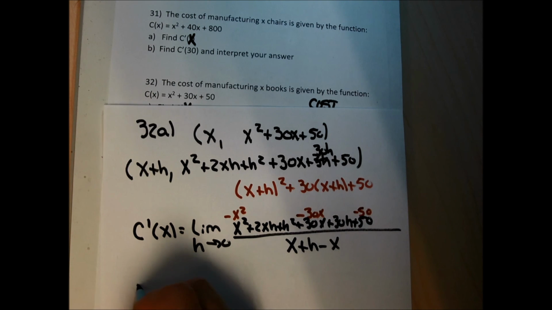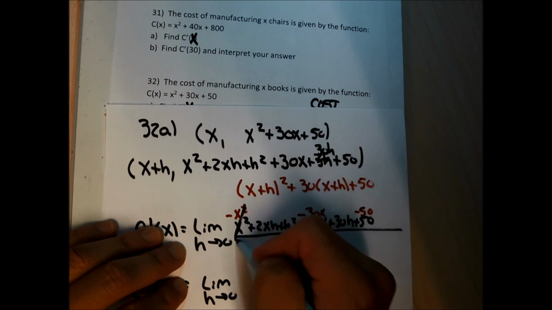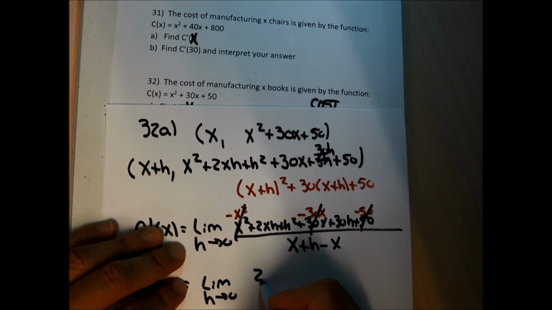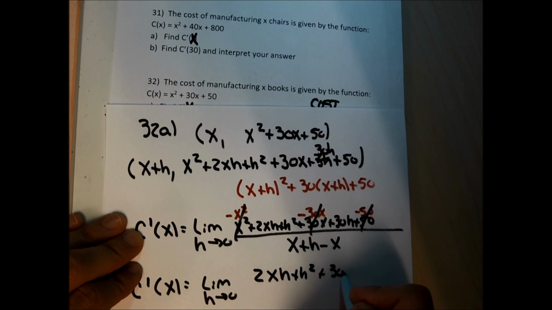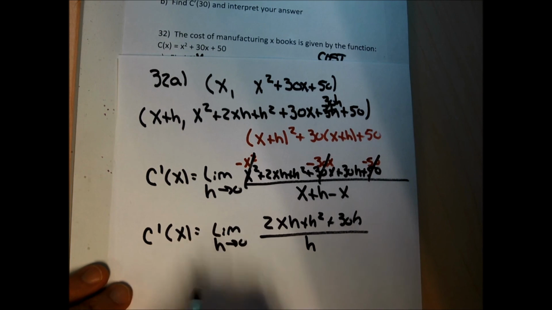So for my next line, I'm going to get c prime of x equals the limit as h goes to 0. The x squareds, the 30x's and the 50's are going to cancel. I'm going to get 2xh plus h squared plus 30h, and then all over h. I'm going to factor out an h.